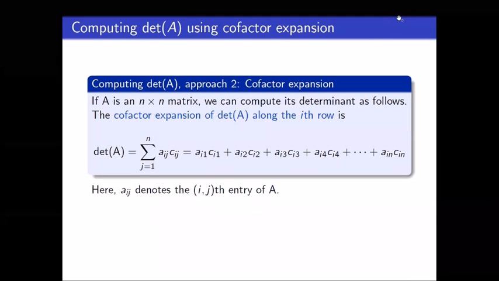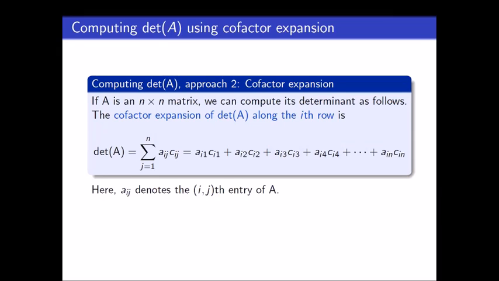So now that we know how to compute cofactors, we're going to use that to compute the determinant of a square matrix. If A is an n by n matrix, the cofactor expansion of the determinant of A along the ith row is given by this formula.